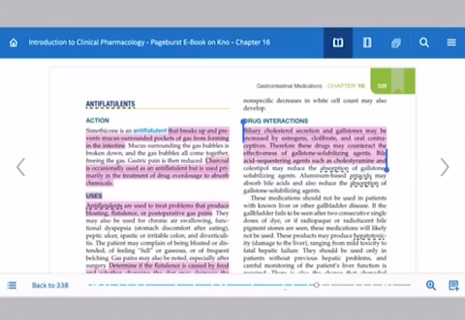They also counteract the effectiveness of gallstone solubilizing agents. Aluminum-based antacids may absorb bile acids and reduce the absorption of gallstone solubilizing agents as well.